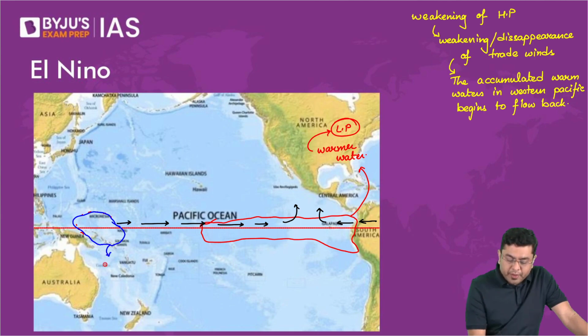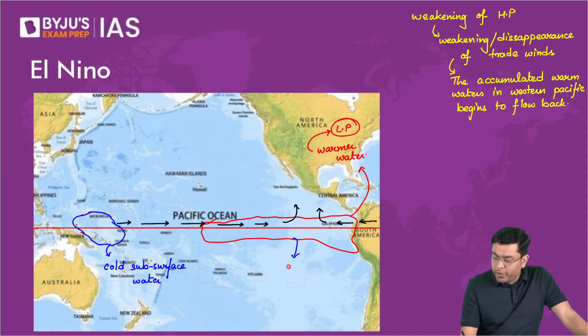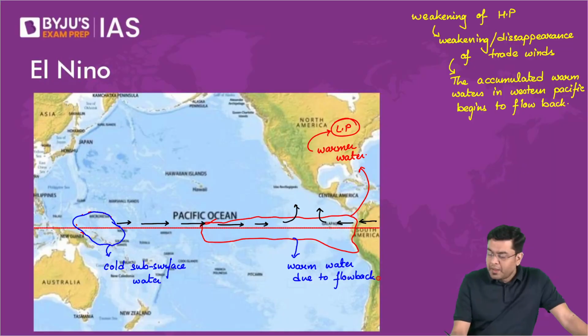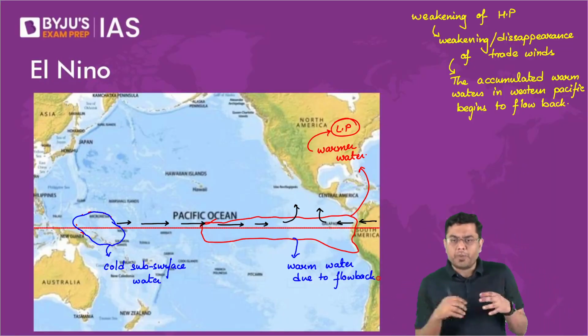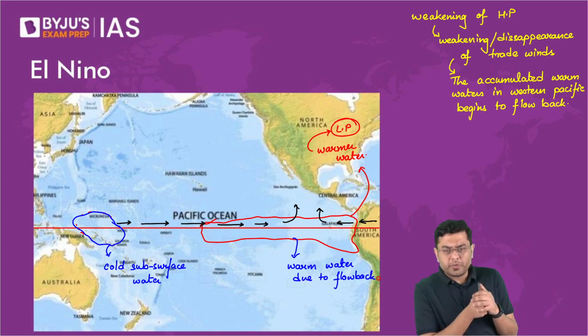So you have cold subsurface water, and you have warm water due to flow back. Okay. Yes, Mushtaba. Sometimes it is contributed by the counter equatorial current also. So that is something which you will observe here.